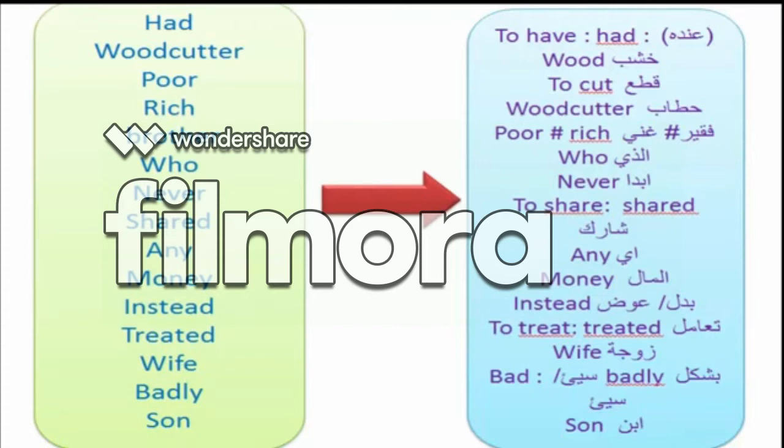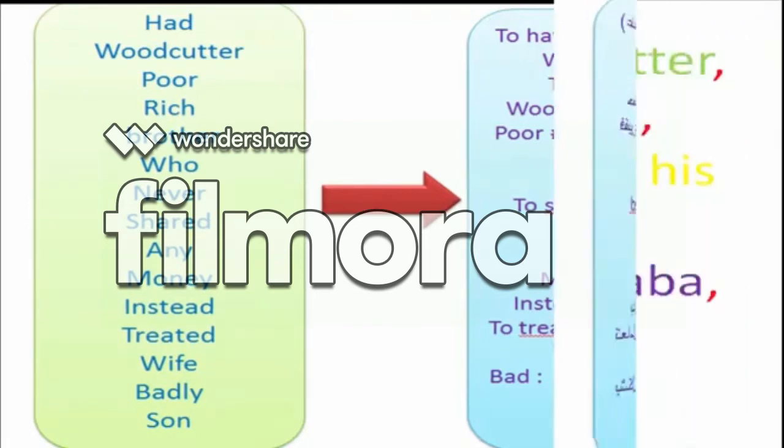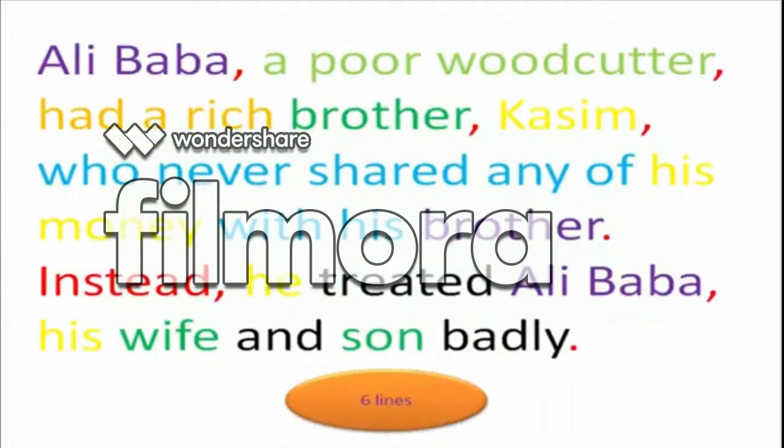Now let us read again and explain the first passage. Please pay attention. We are going to read and explain and pay attention to the sentences. Ali Baba, a poor wood cutter. Poor, فقير. Wood cutter, حطاب.